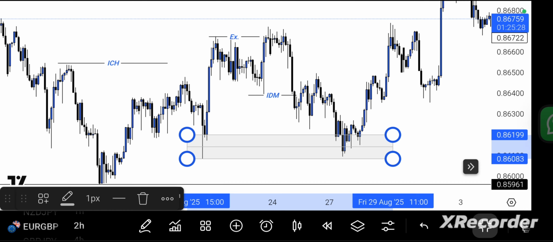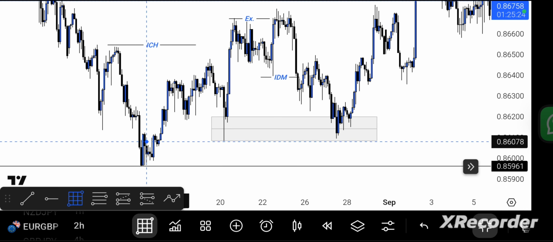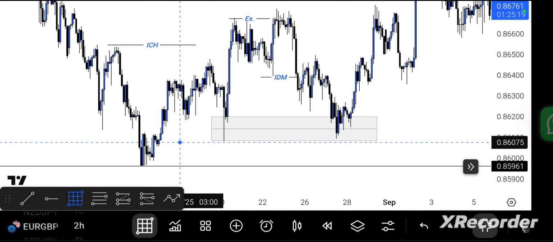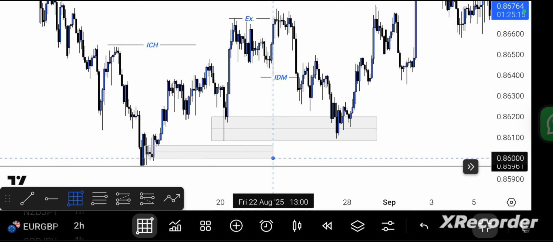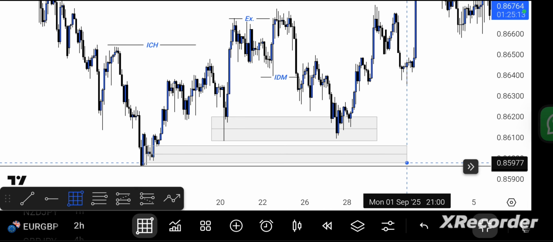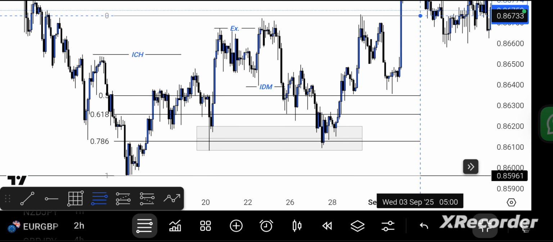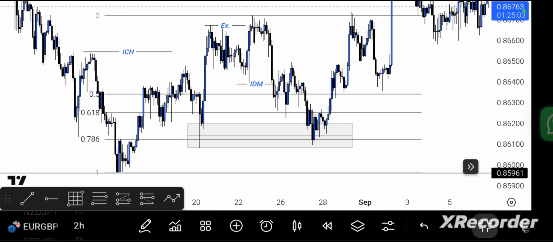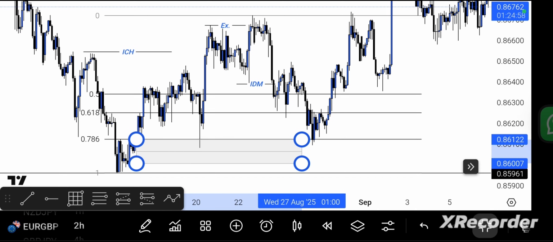So this is the point of interest, and this becomes the last, because you see that this inducement mitigated this order flow, so we are just looking at this order flow as our last point of interest. Now we are going to verify this using our Fibonacci retracement to know where it's sitting. So currently you see the market is sitting at 0.78, so this is the trade cycle.